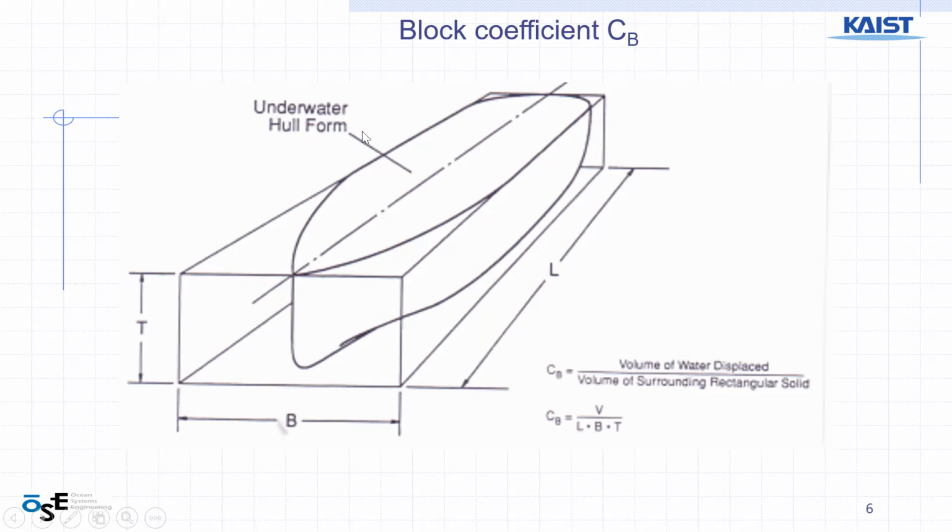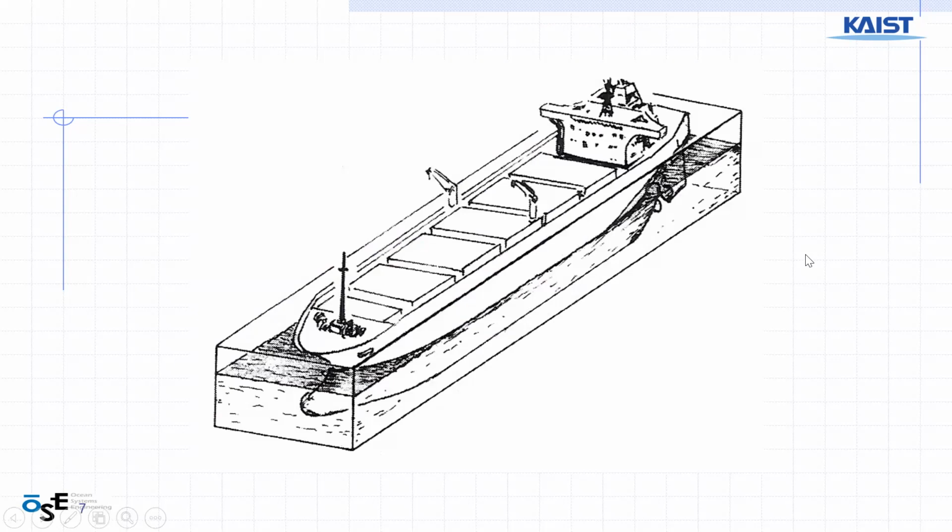So underwater hull form. And the definition is the volume of the surrounding rectangular solid, and then the volume of water displaced. So same definition as previous. And in terms of showing the above water hull shape together, it looks like this. The real situation.